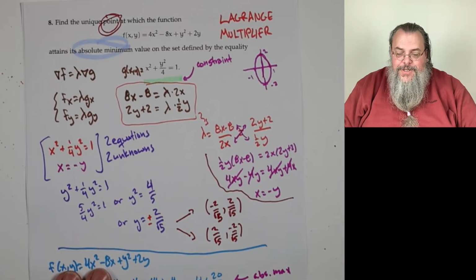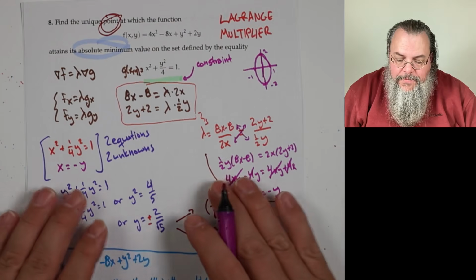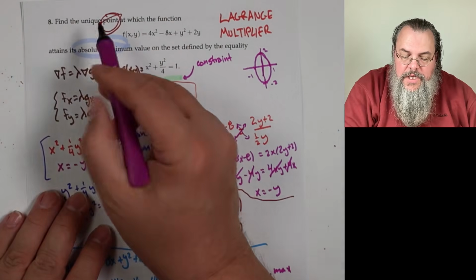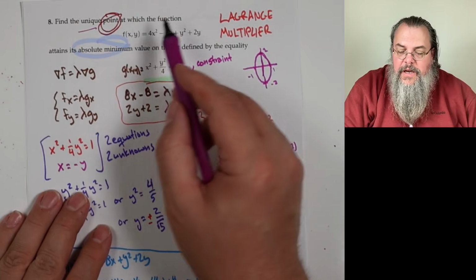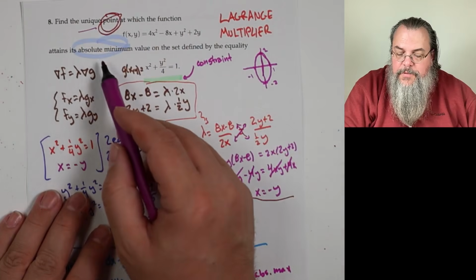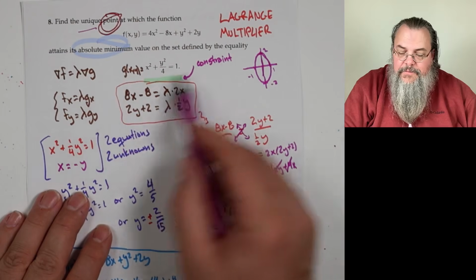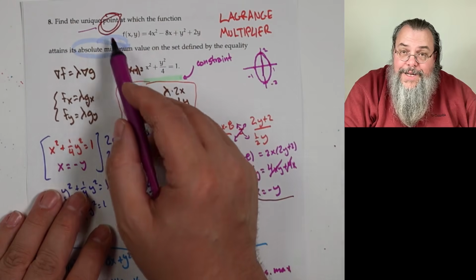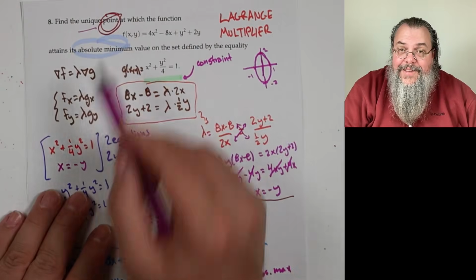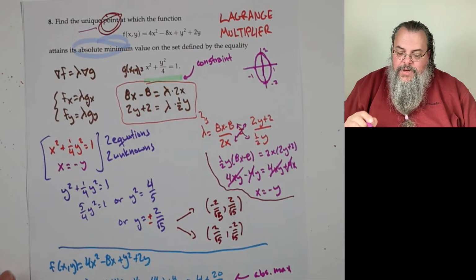Finally, let's make sure we know what we're looking for. Where's the unique single point at which this function hits the absolute min on the set? Our answer is a point. It's not asking us for the value, it's asking us for the point.